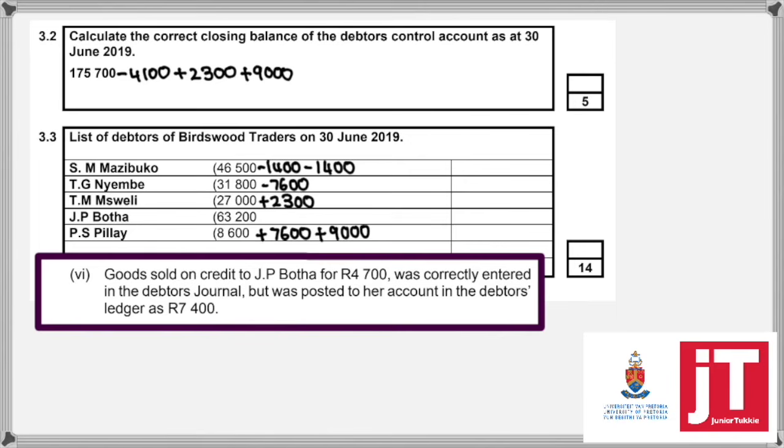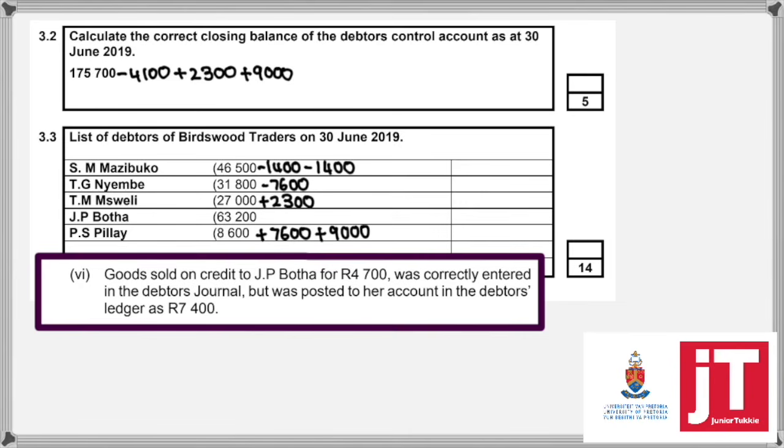We made the mistake posting it to her account, so it means that we will need to fix it in the list of debtors. So how do I correct this? The amount, we sold it for 4,700, but it was recorded as 7,400, means that we have overstated the amount.